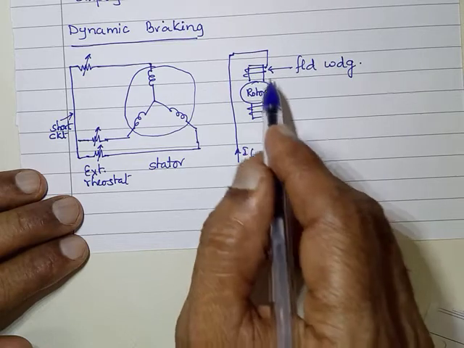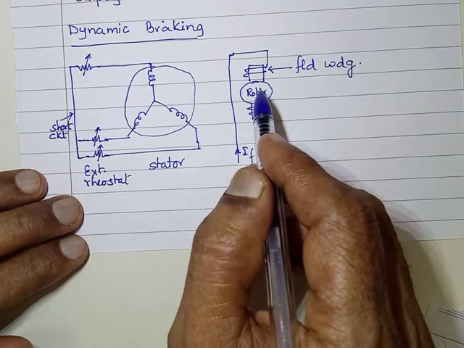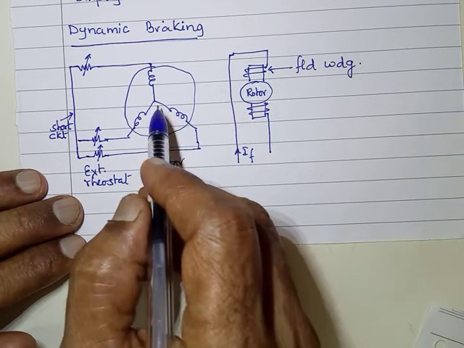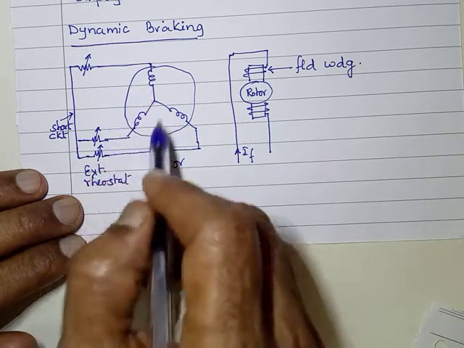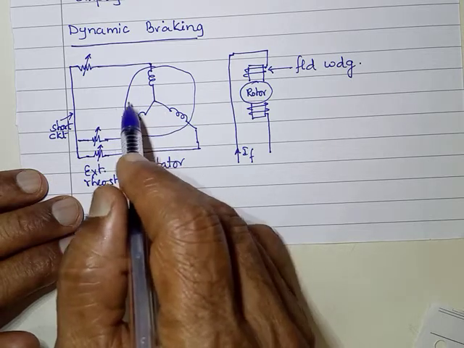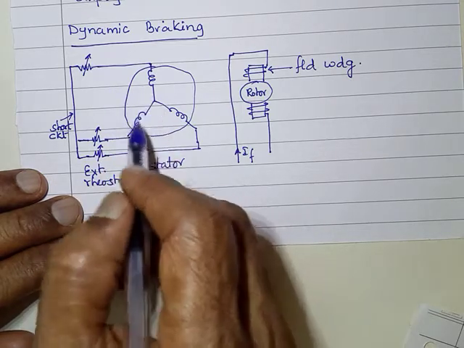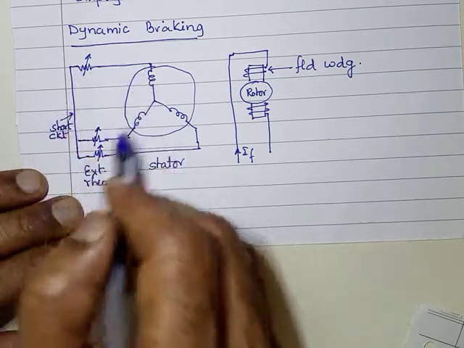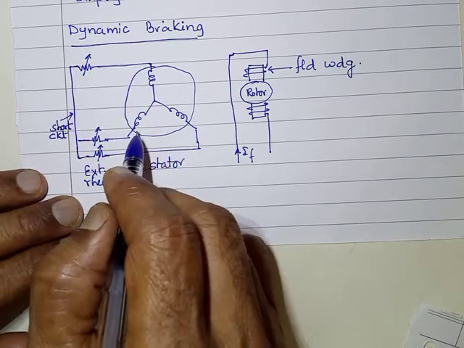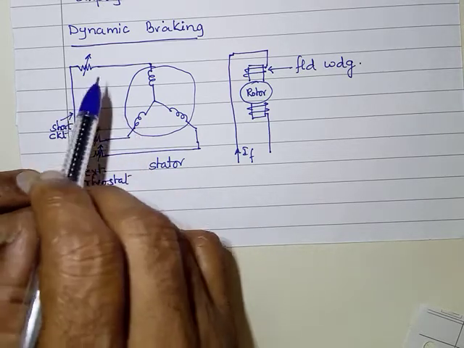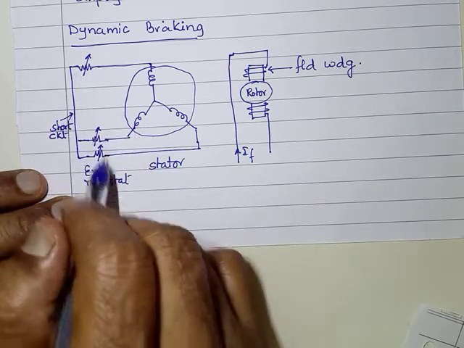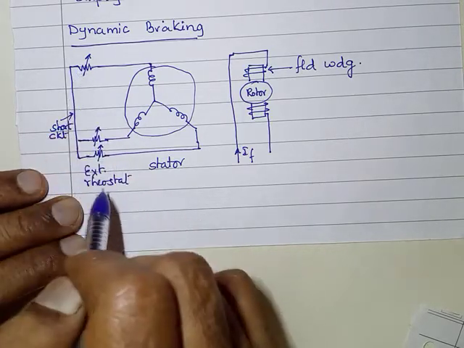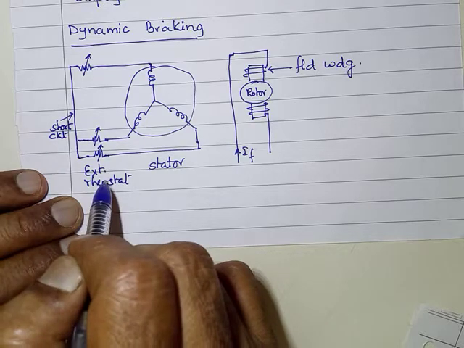Whatever energy is stored here, I should take out faster. That means the energy dissipation here should happen faster. For that to happen faster, we should be in a position to change the effective resistance of this circuit. That is where we have the additional rheostats connected. These additional rheostats are controllable in nature.